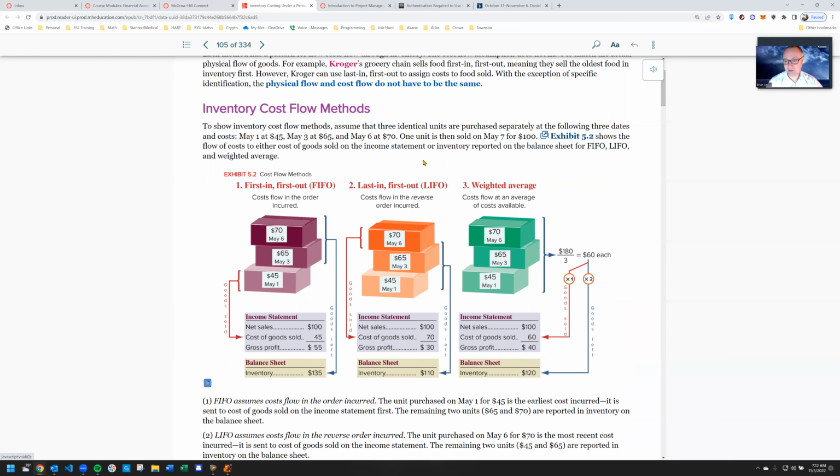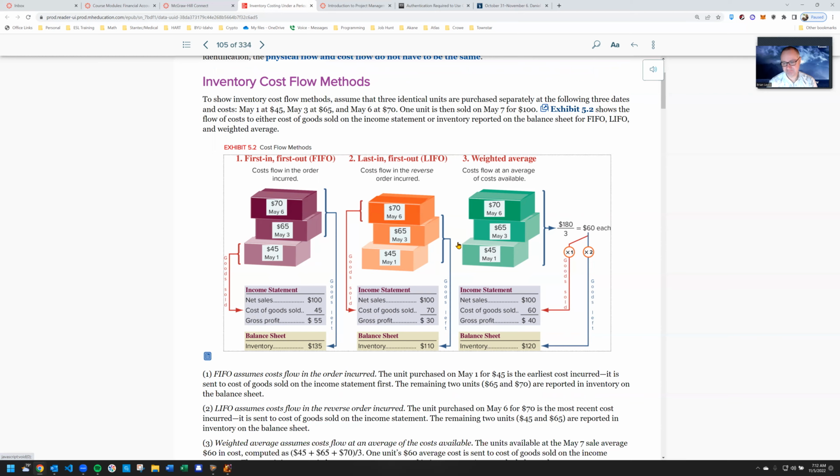On the opposite end, you might have a last in, first out scenario where what comes in last just goes. Now, why do you do that?